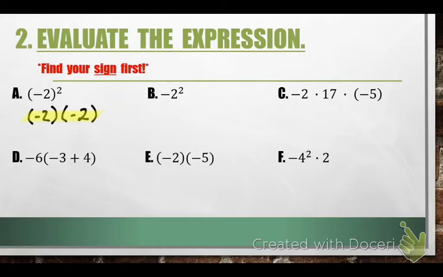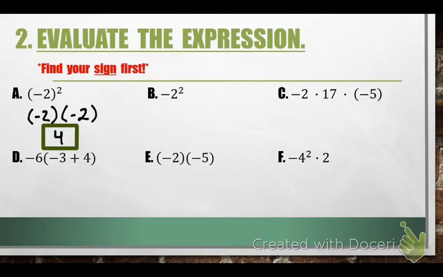Now guys, how many negative signs do you see there? There are 2. Is the number 2 even or odd? Even. Remember in our notes, anytime you have an even amount of negative signs, your answer will always be positive. Okay, that's a rule. You guys got to make sure you memorize that. So it's going to be a positive answer. And then what's 2 times 2? 4. So the answer is going to be positive 4.